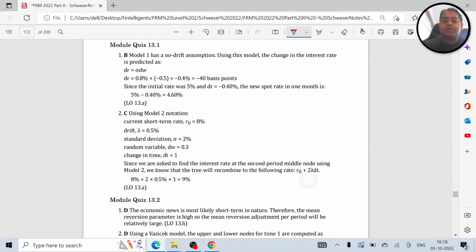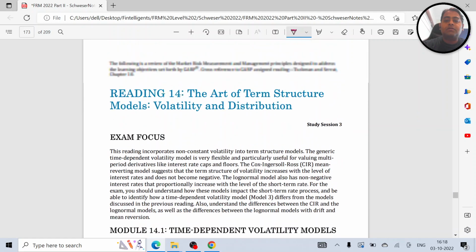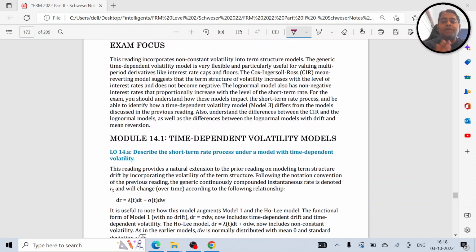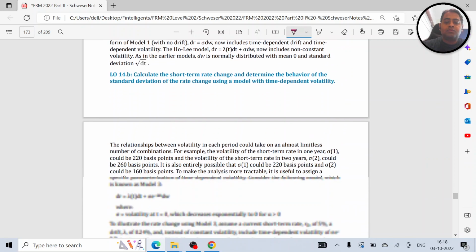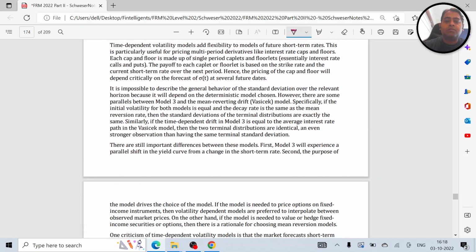We can go to the last chapter of the term structure, where volatility and distribution, we have time dependent volatility, time dependent drift path. More or less, time dependent volatility is discussed more in detail. So, model 3 is okay.